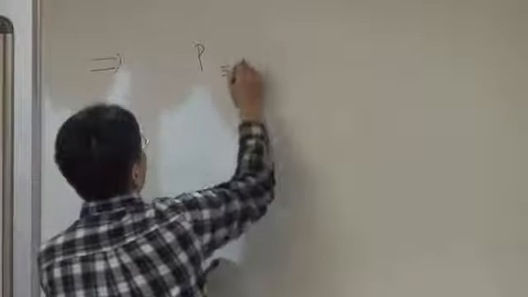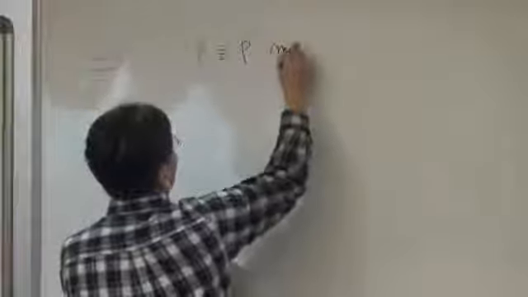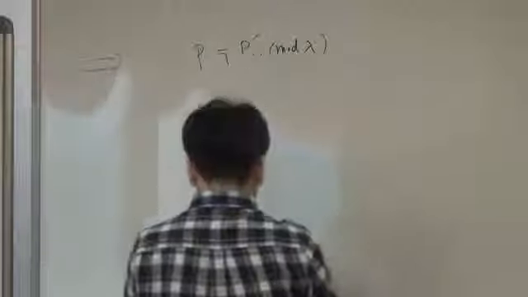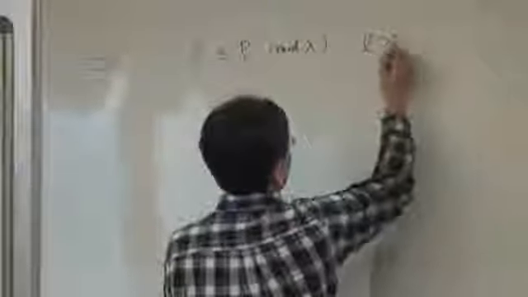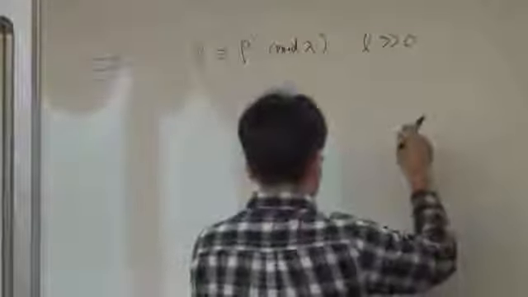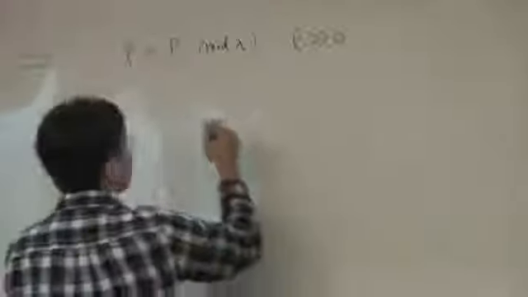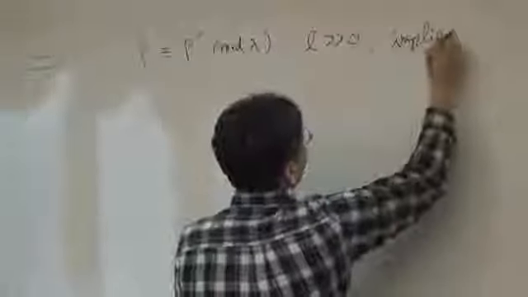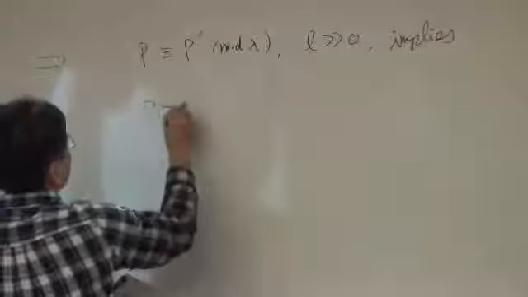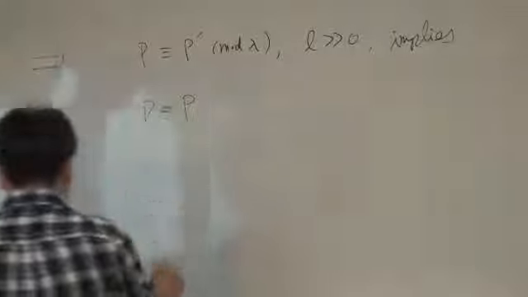Then if the characteristic is sufficiently big, this implies they are actually the same.